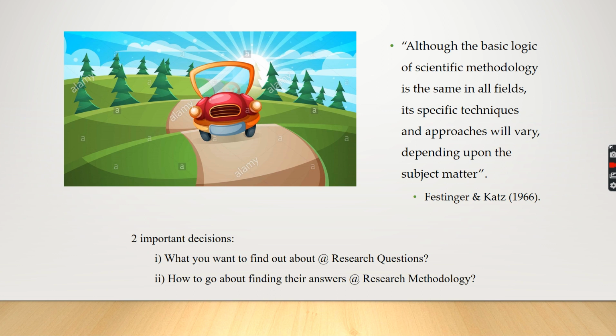Again, the sequence of the steps is not fixed. Sometimes you are required to choose from a multiplicity of methods, procedures, models of research. Basically, the purpose is for you to achieve your research objective. So how do you want to achieve your research objective?